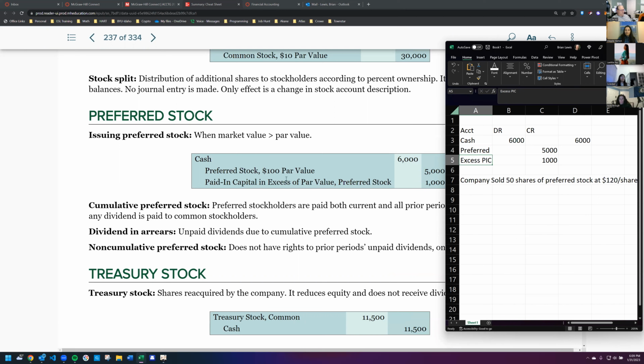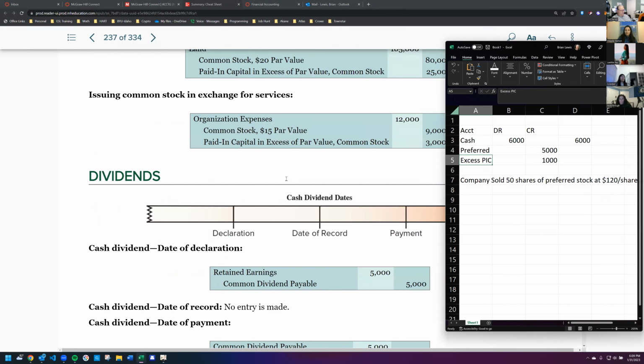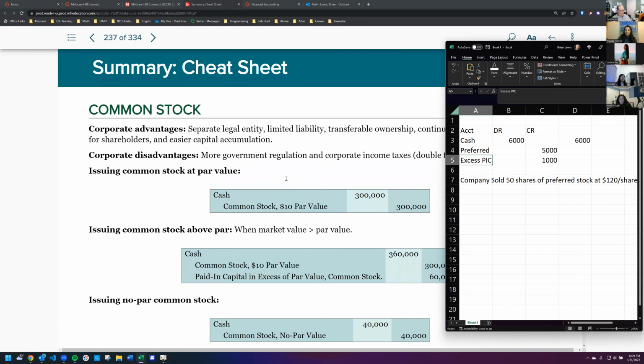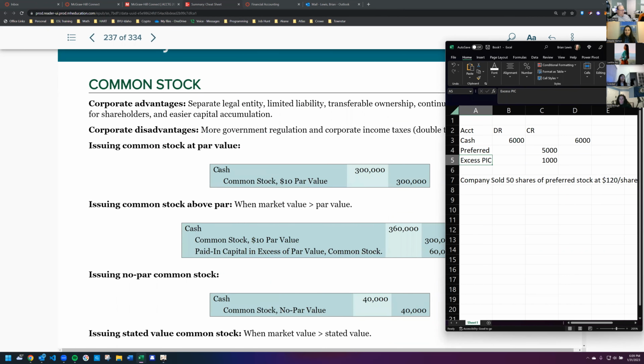Now, back to Magda's question on common stock. If we go back up to the common stock, in reality there might not be any difference in how you record it, except for the account that you use.